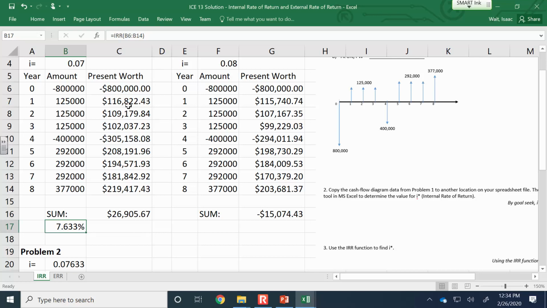And so everything that we set up manually with finding the present worths, summing the present worths, and then looking for it to be equal to 0, it's doing all of that in the background with the IRR function. And don't do it on the present worth of the amounts, do it on the amounts themselves, because the IRR function takes all of that into account. It takes the amounts to the present, and then it solves for the interest rate that brings equilibrium.